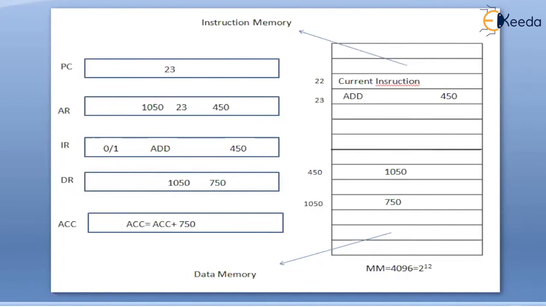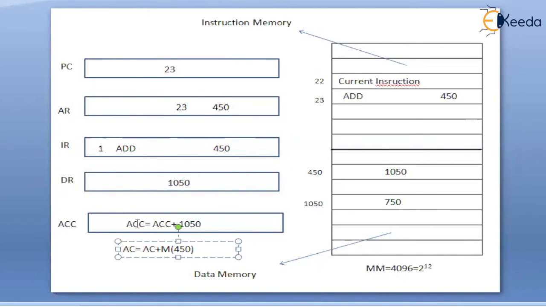Okay, so this I can write as, in the direct addressing mode, accumulator is equal to accumulator plus M of 450.